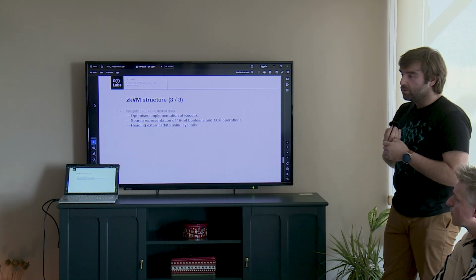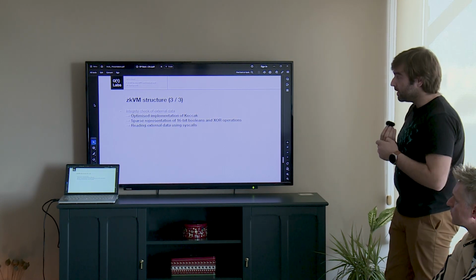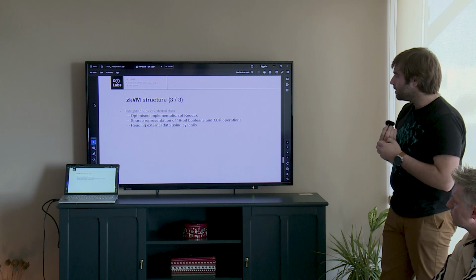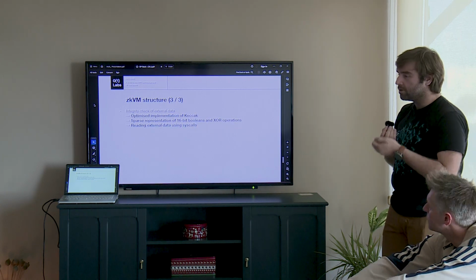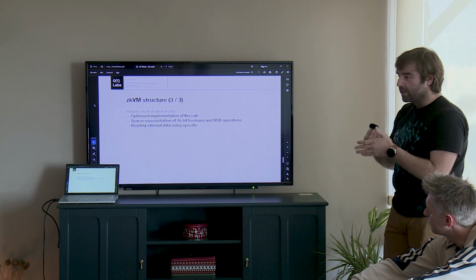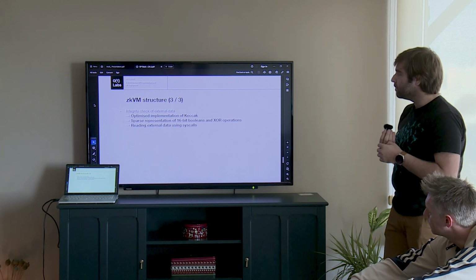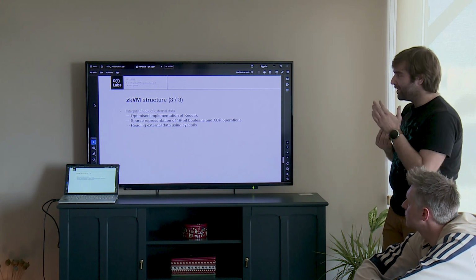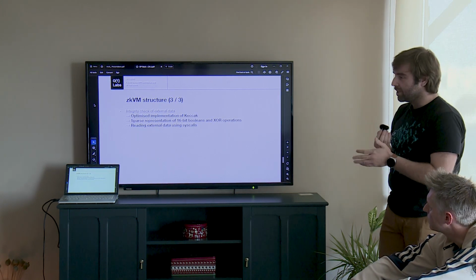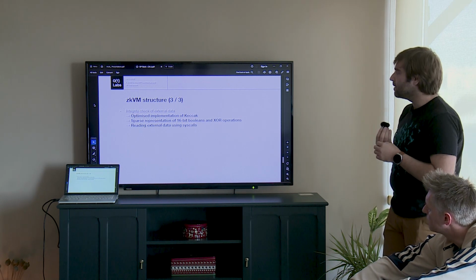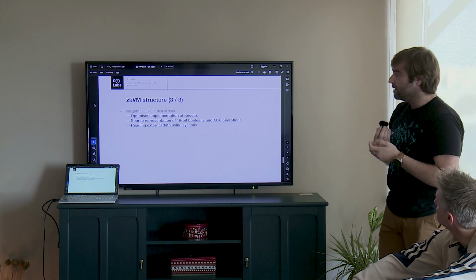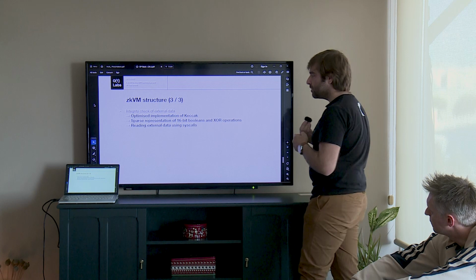And so we decided to implement an optimized version of Keccak, which uses a sparse representation of 16-bit for the booleans, and the XOR operations operate on this expansion. We expand the 16-bit booleans on 64 bits. Also, I don't give the number at the moment, but we think it's close to the state of the art, or even the state of the art in circuits. And it's done to read the external data using system calls.